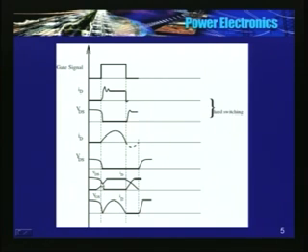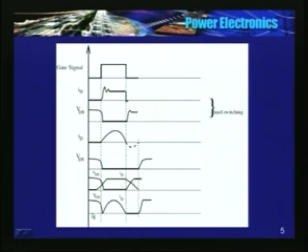So the instantaneous power loss taking place in the device is quite high. So the device loss during the switching is high, stress is also high, di/dt is very fast, very high.